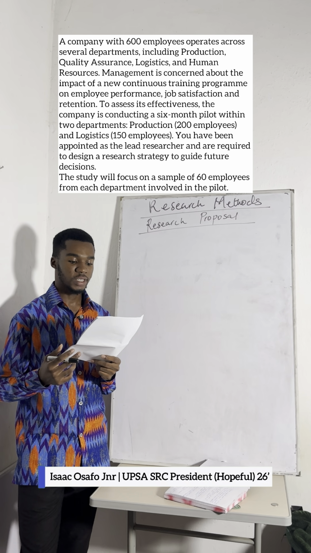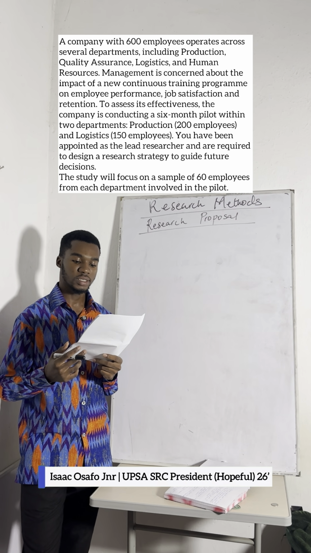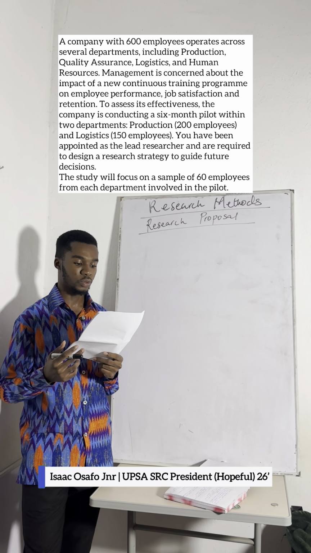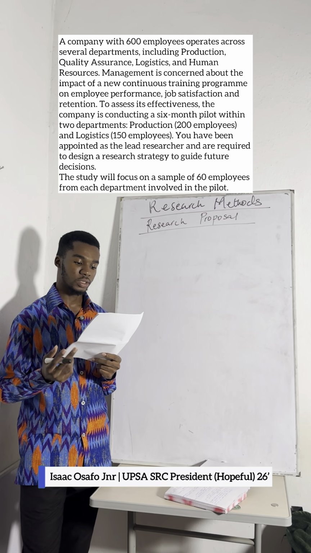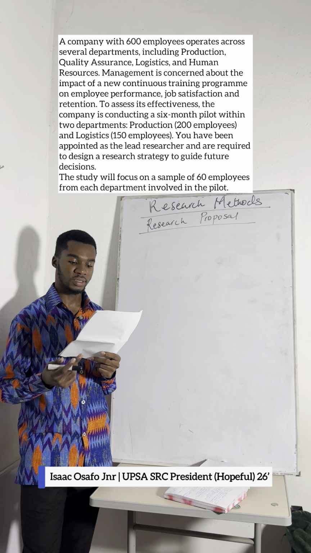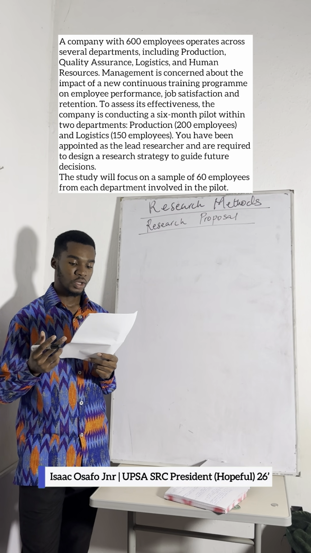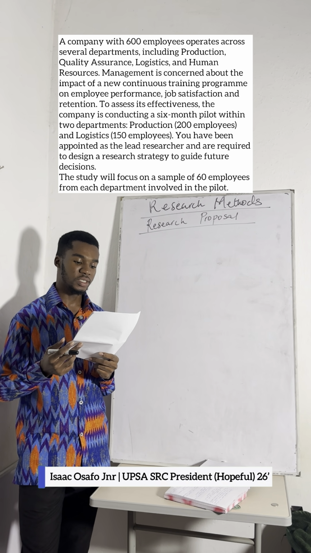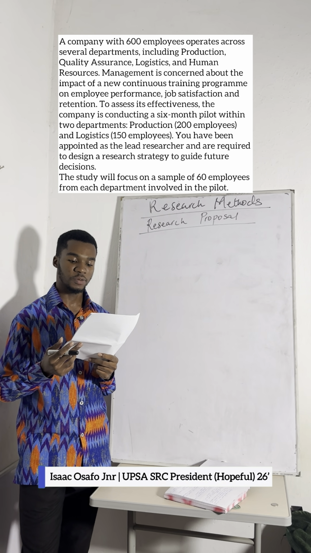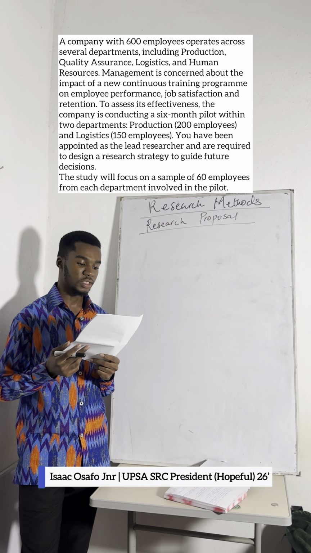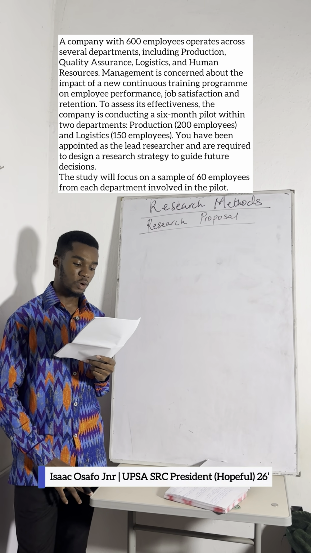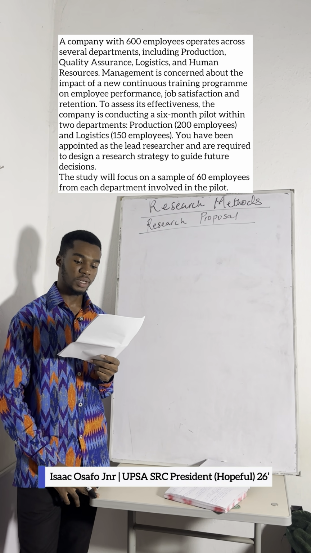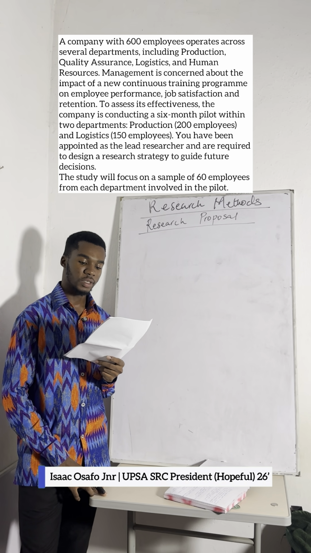To assess its effectiveness, the company is conducting a 6-month pilot within two departments: production, that's 200 employees, and logistics, 150 employees. You have been appointed as the lead researcher and are required to design a research strategy to guide future decisions. The study will focus on a sample of 60 employees from each department involved in the pilot.